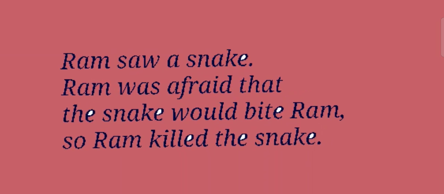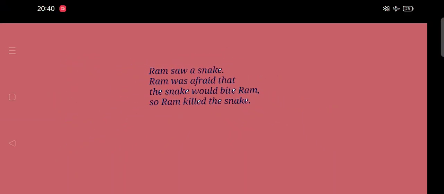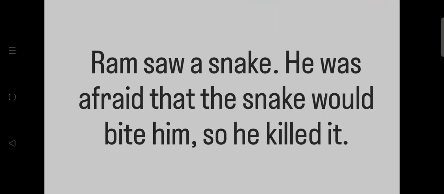Let's see a passage. Some sentences. Ram saw a snake. Ram was afraid that the snake would bite Ram. So, Ram killed the snake. Now, the same passage I am reading in a different way. Ram saw a snake.